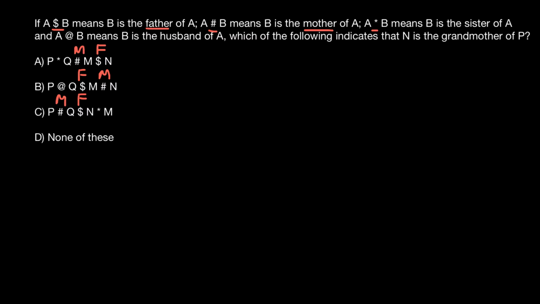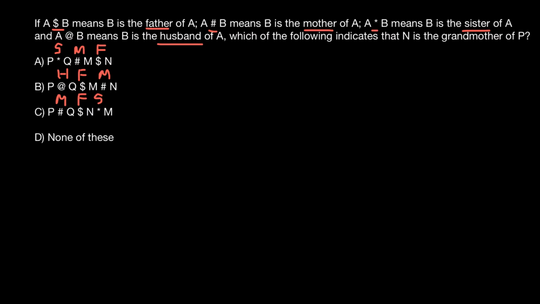Asterisk means sister, so we put S here and here. And the last sign means husband, so we put H here.